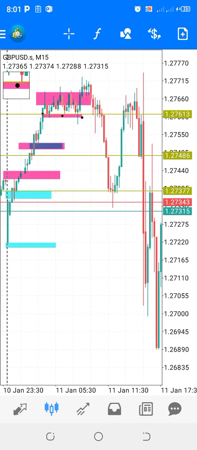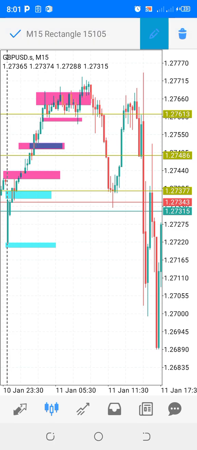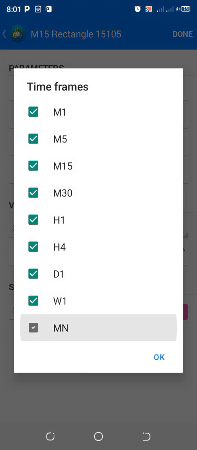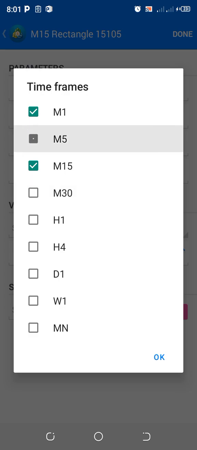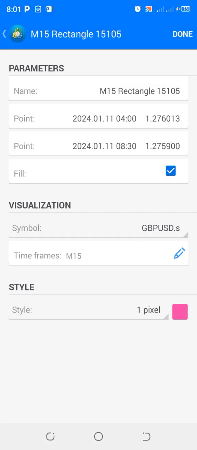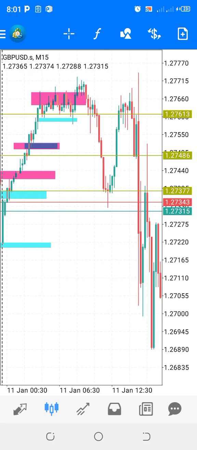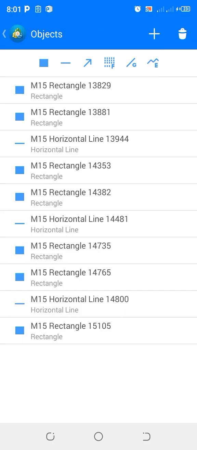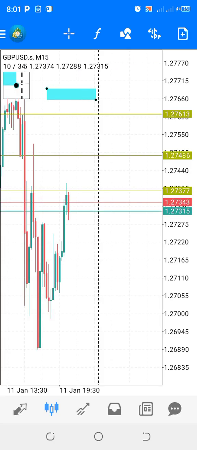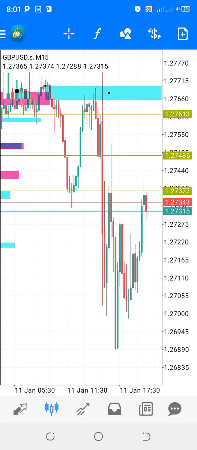So again, this was an impulse start level, and then I use the green or blue slab to demarcate it as a low, and then for a high, I'll use a red slab.